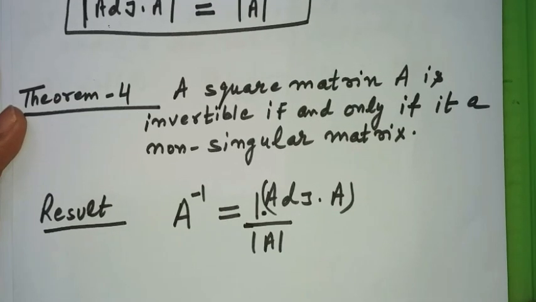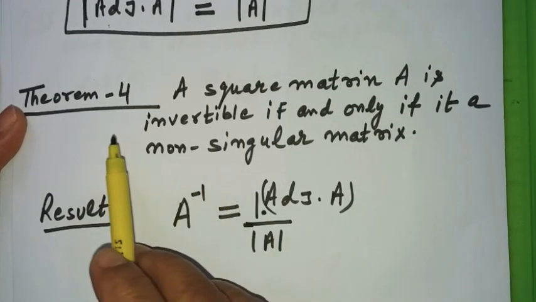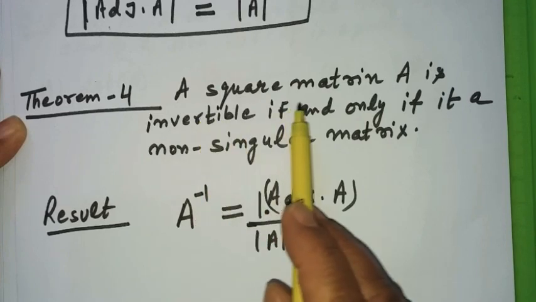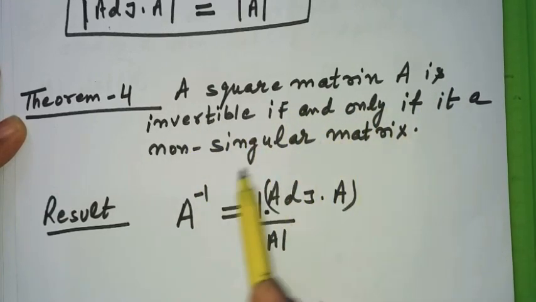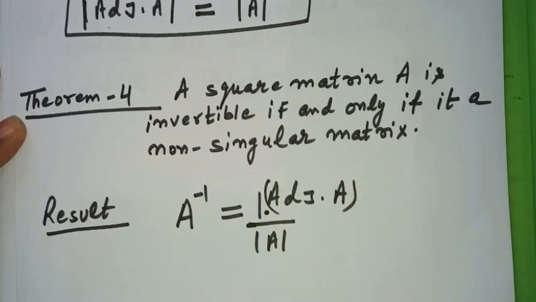And now we move to theorem 4. Theorem 4 says that a square matrix A is called invertible if and only if it is a non-singular matrix. Now students, let us recall our definition of singular and non-singular matrix. We have discussed that a matrix whose determinant comes out to be 0 is called a singular matrix, and a matrix whose determinant is non-zero is a non-singular matrix.